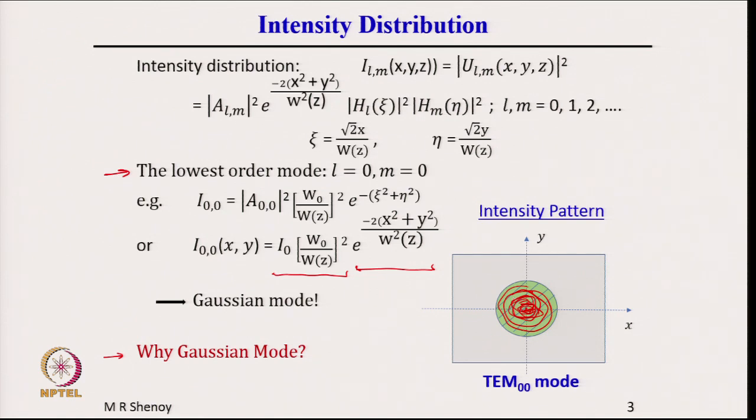There is no azimuthal dependence, that is there is no phi dependence in this, and it is a pure spot. And in most applications, one prefers to have the Gaussian mode, also called the TEM 00 mode, transverse electromagnetic 00, L equal to 0, M equal to 0, that is the fundamental mode.